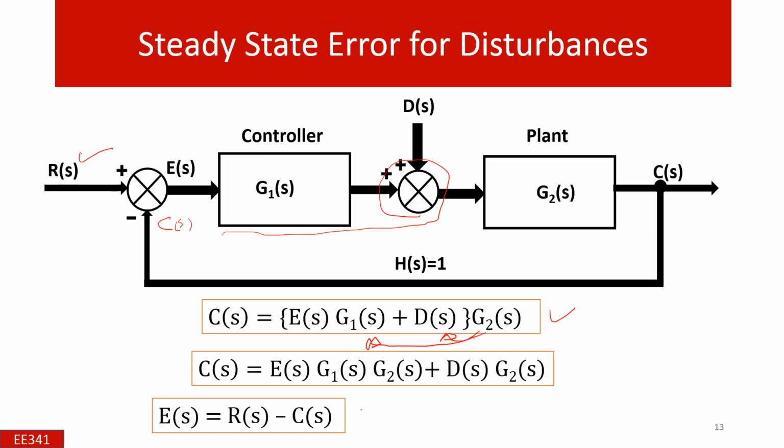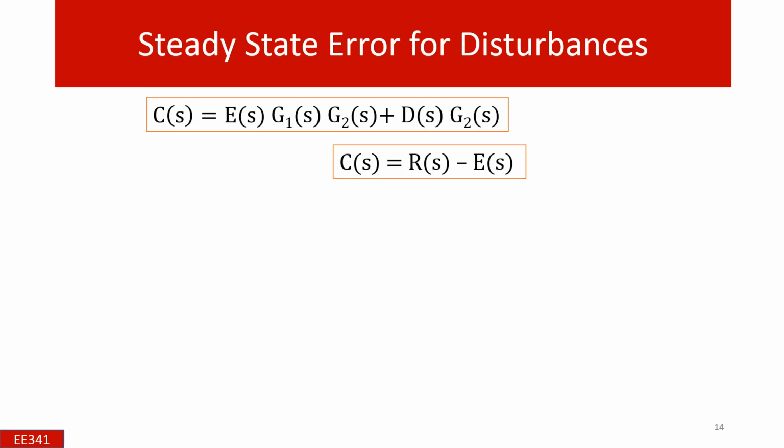From here we can find C(s) in terms of R(s) and E(s), where E(s) is equal to R(s) minus C(s). So we use this C(s) in terms of R(s) and E(s), and the above relation becomes like this.